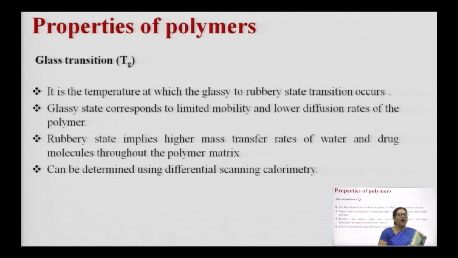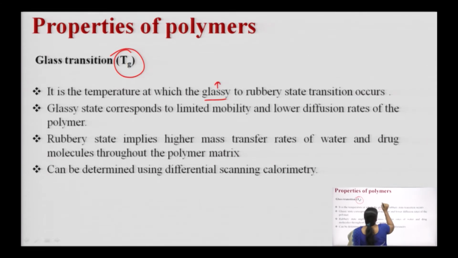Going on to the glass transition temperature, it is denoted as Tg. It is the temperature at which the amorphous form of the polymer transits from glassy to rubbery state. In the glassy state, as stated earlier, the polymer is in a solid state.